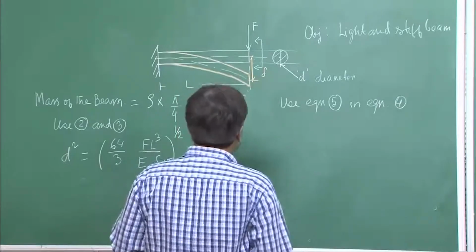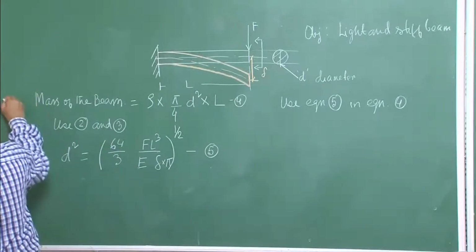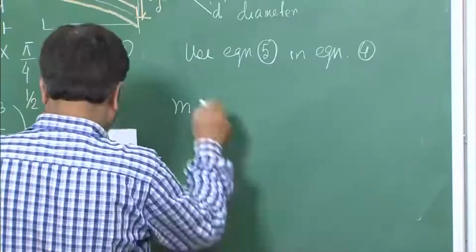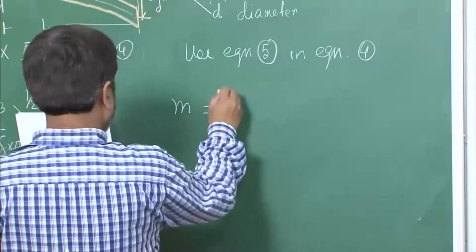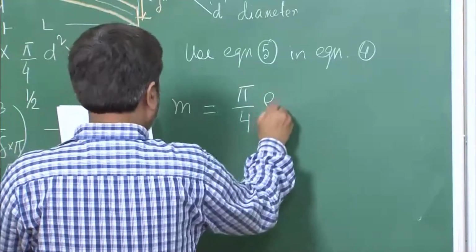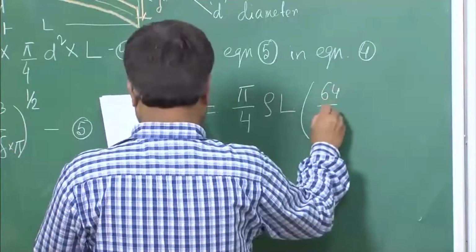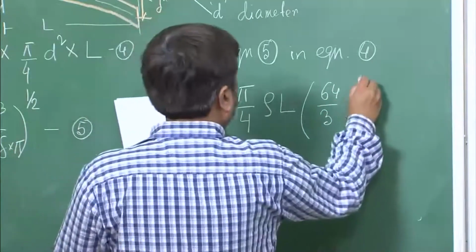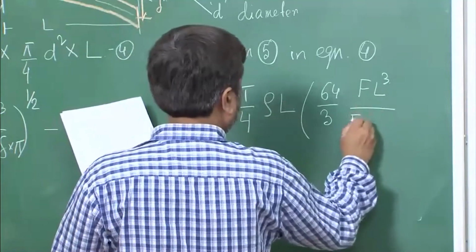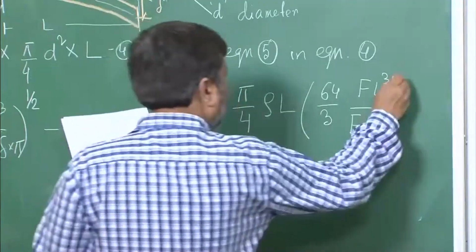If I do that, I can now write the mass of the beam. Let us say the mass of the beam, I denote it as m. So, I can write m equals pi by 4 rho L, 64 by 3 F L cube by E pi delta, square root.